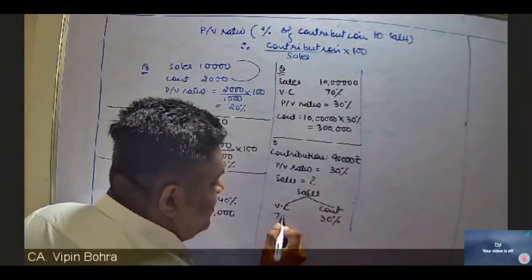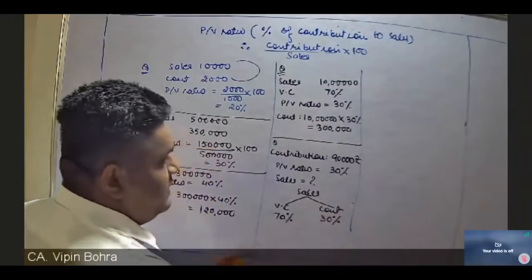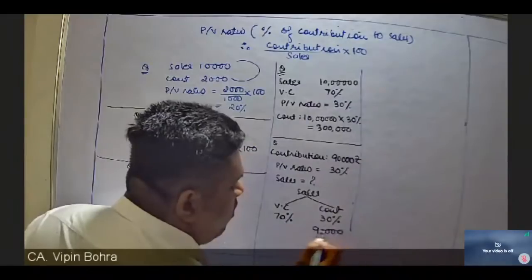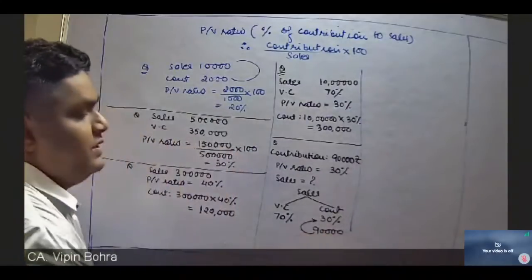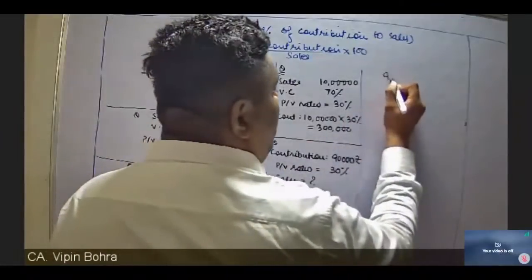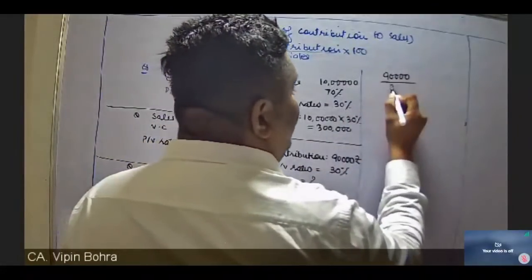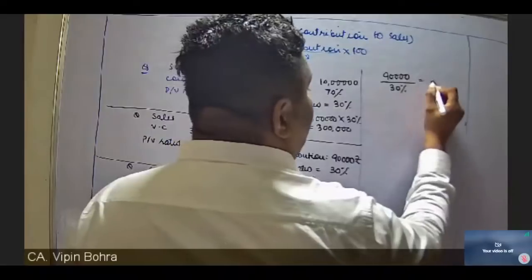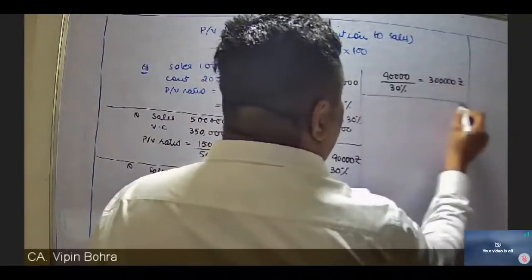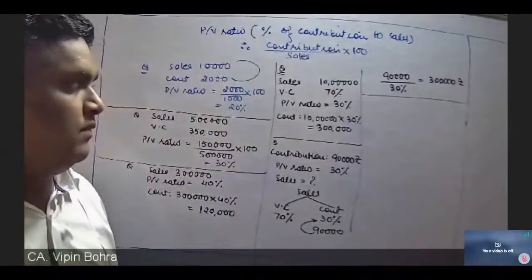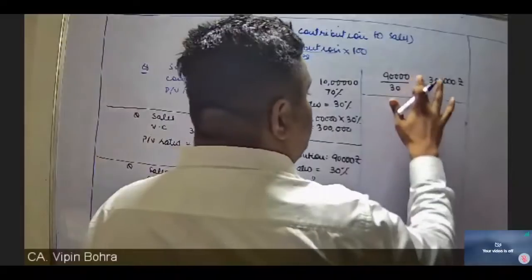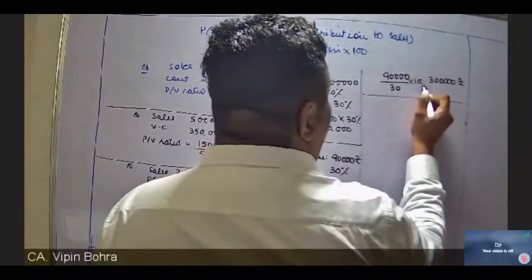So my variable cost will be 70%. Now, contribution given is 90,000. So this 90,000 is equal to 30%. So how much will be 100%? 90,000 divided by 30%, that is 3 lakh rupees. Or in short, we can say 90,000 is equal to 30. So how much will be 100?